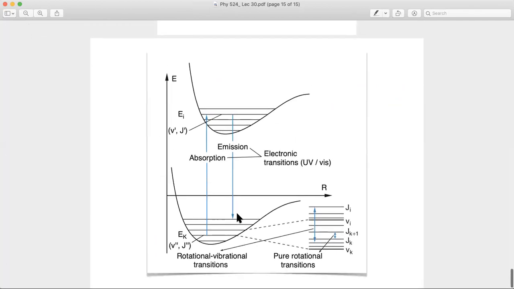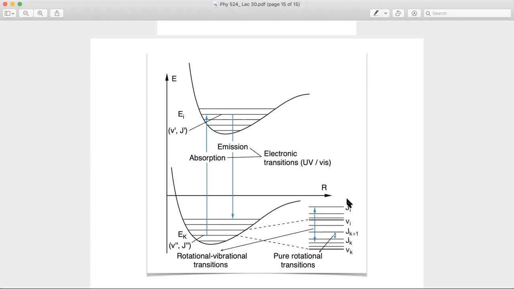Okay, so this is a nice picture which I already showed. But now in terms of spectroscopy, I have E equal to, let's say, the lower energy state, and I equal to the higher energy state. Between each of these states, I have a lot of vibrational degrees of freedom, and you can do transitions between electronic states. So I have electronic transitions in the UV and visible region, which can have absorption and emission. Then you can have transitions between these two lines here, which are rotational vibrational transitions, which we discussed explicitly today.